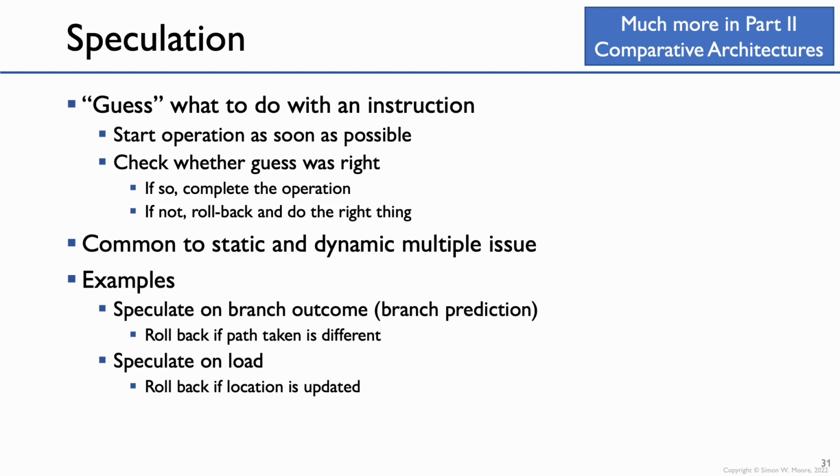So it's common to both static and dynamic multiple issue, and examples include speculation on branch outcome, and I've already talked about branch prediction. And obviously we roll back if the branch path taken is incorrect. We can even speculate on loads and roll back if a location is updated. And there's lots of other speculative techniques used.